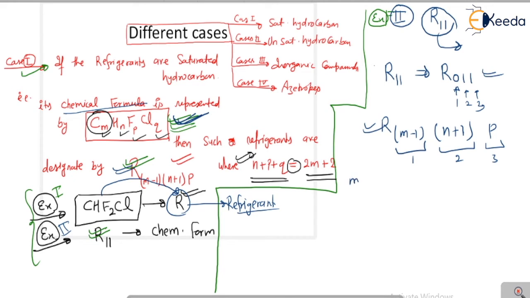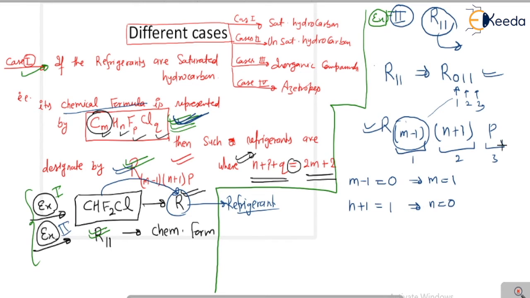Okay, so my dear friends, m minus 1 is just equal to this first value, that means equal to 0. That means the value of m is 1, and here the n plus 1 is just equal to the second value, that means equal to 1. That means the value of n is what? 0.